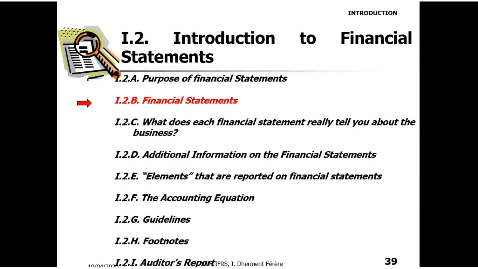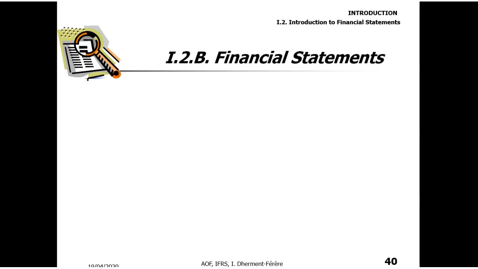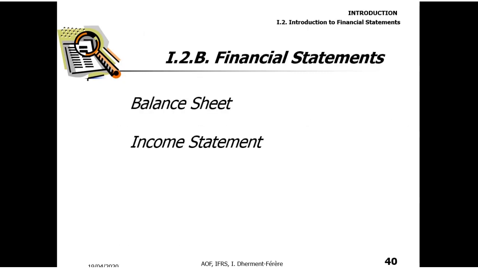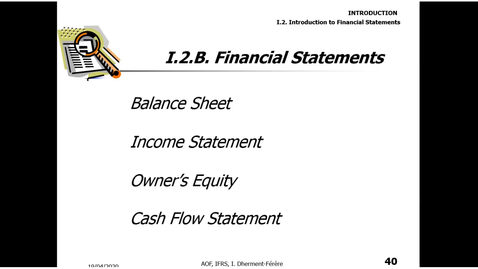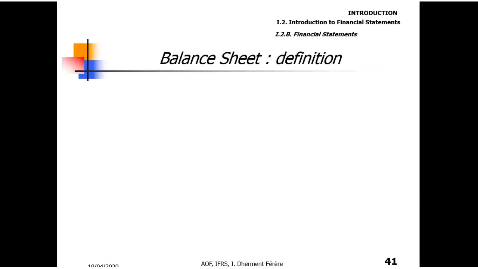Point B, financial statements. We have the balance sheet, the income statement, owner's equity, and cash flow statement. Balance sheet, the definition. The balance sheet is composed of assets, liabilities, and owner's equity.